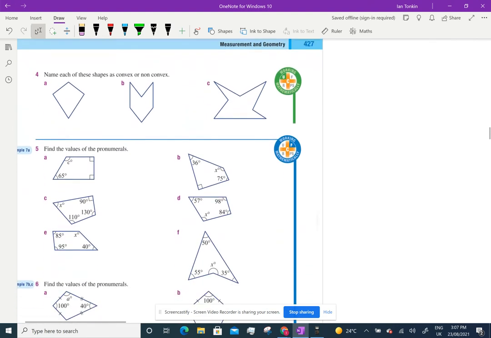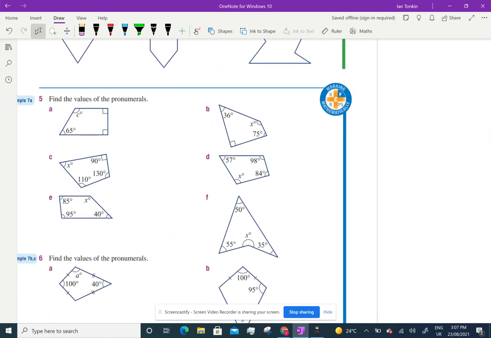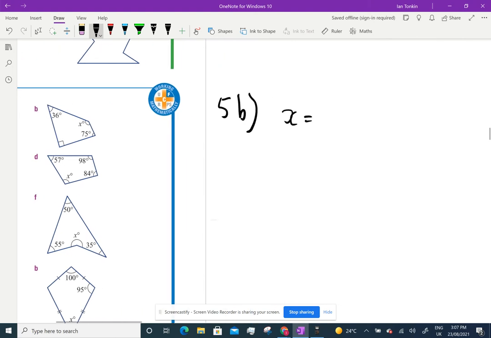Let's go down here to question 5. Find the value of the pronumerals. Here, they're making you use the fact that the angle sum of a quadrilateral is 360. So let's do B. So here is 5B. Well, that x is going to equal 360 minus all the rest.